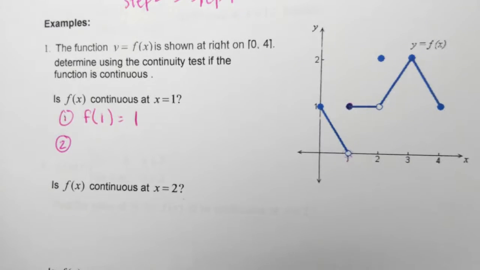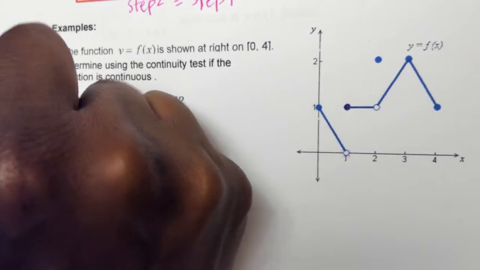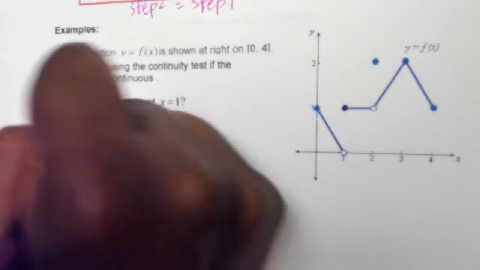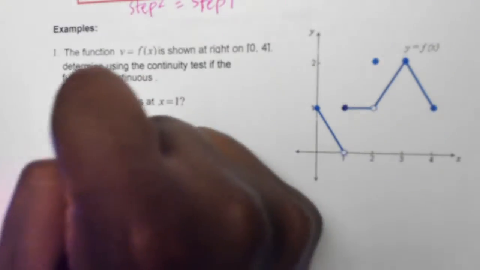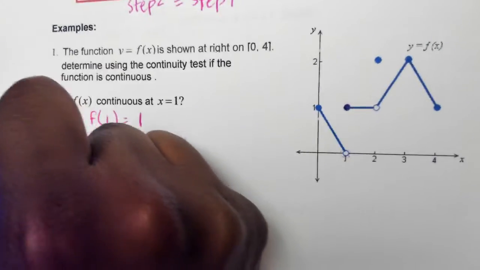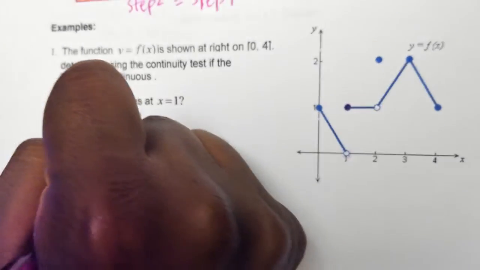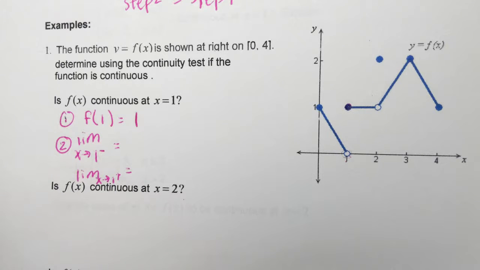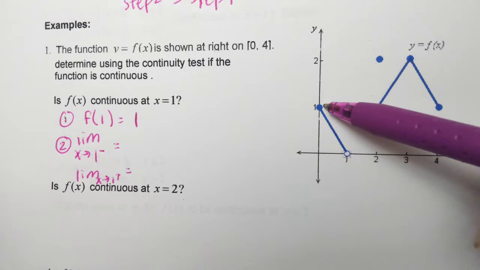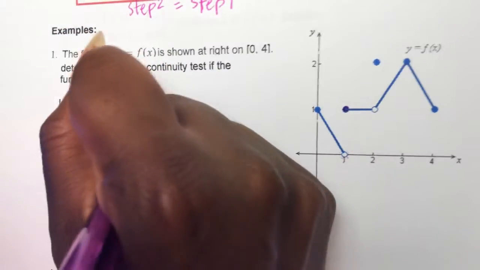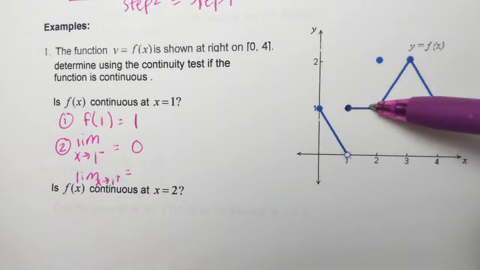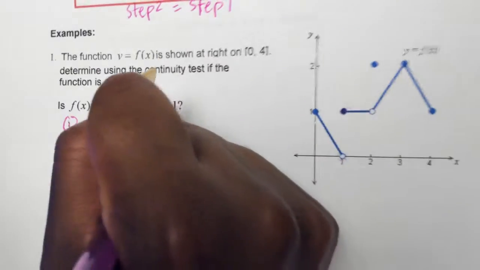The next thing we need to do is figure out if the right-hand limit equals the left-hand limit. So we need to know what the limit as x approaches 1 from the left equals, and what the limit as x approaches 1 from the right equals. So as x approaches 1 from the left, our limit is equaling 0, and as x approaches 1 from the right, our limit is equaling 1.